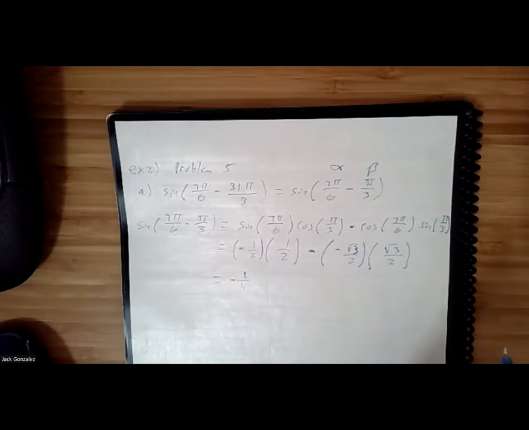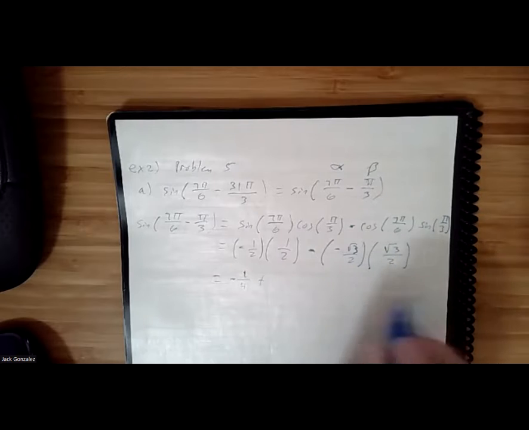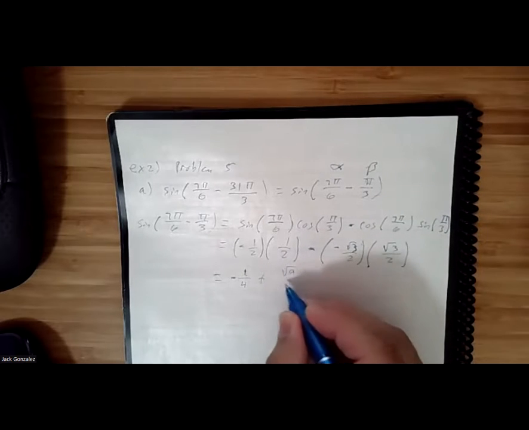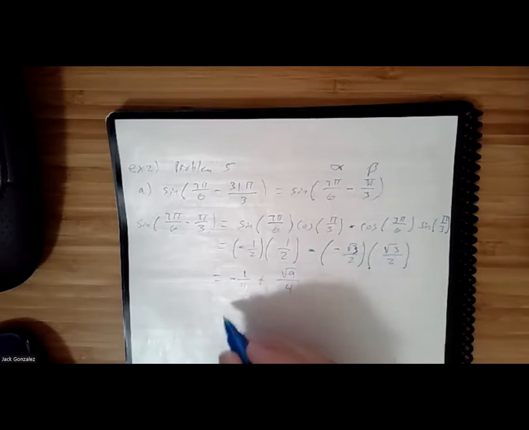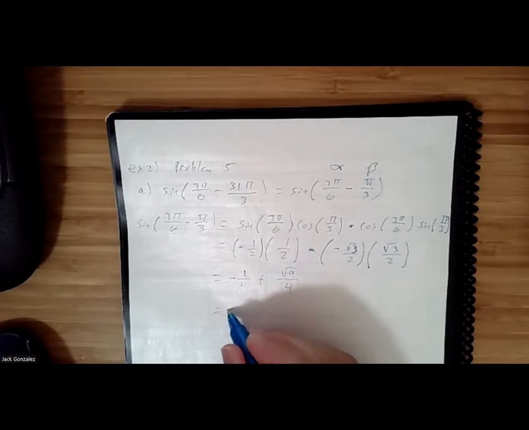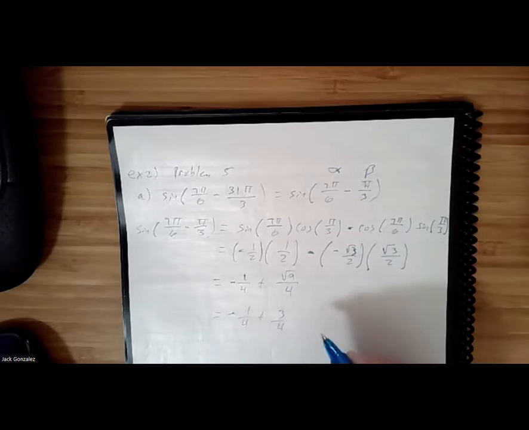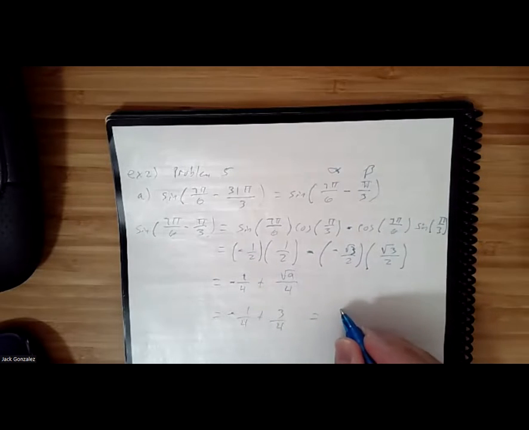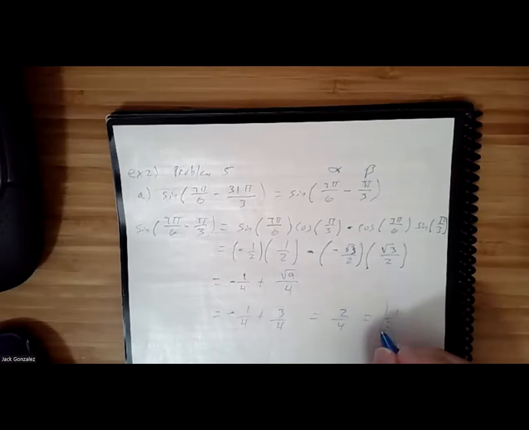Negative, negative, that'll be positive. Square root 3 times square root 3 is square root 9. 2 times 2 is a 4. So that becomes negative 1/4 plus 3/4, which is 2/4, which is 1/2, right?